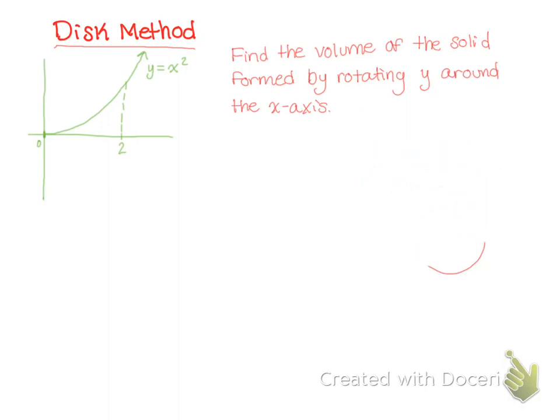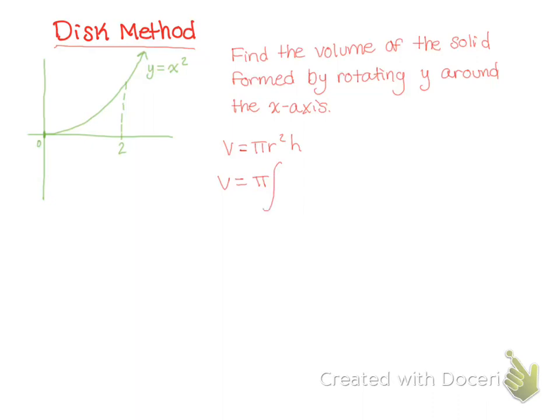So it says find the volume of the solid formed by rotating y around the x-axis. Now this is not in your notes, so I would do this on a separate sheet of paper or maybe on the back of your notes. So remember, we're going to use the equation V is equal to pi r squared h, okay? So we have pi, now our integral.